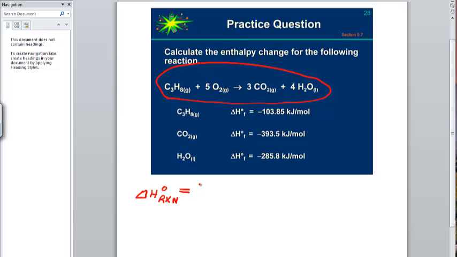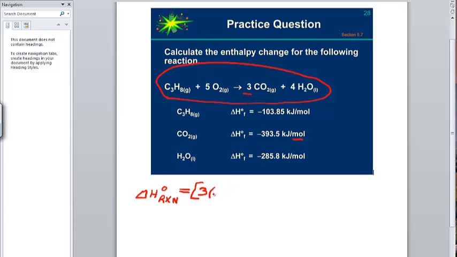Is equal to, and I'm going to go ahead and make a set of brackets. Now, what I need are the products first. Let's go with carbon dioxide. Now what you need to remember is that the coefficient of carbon dioxide is 3. If I look down here at carbon dioxide, this is the delta H of formation for 1 mole of carbon dioxide, so I need to multiply it times 3. And I include the sign and everything.